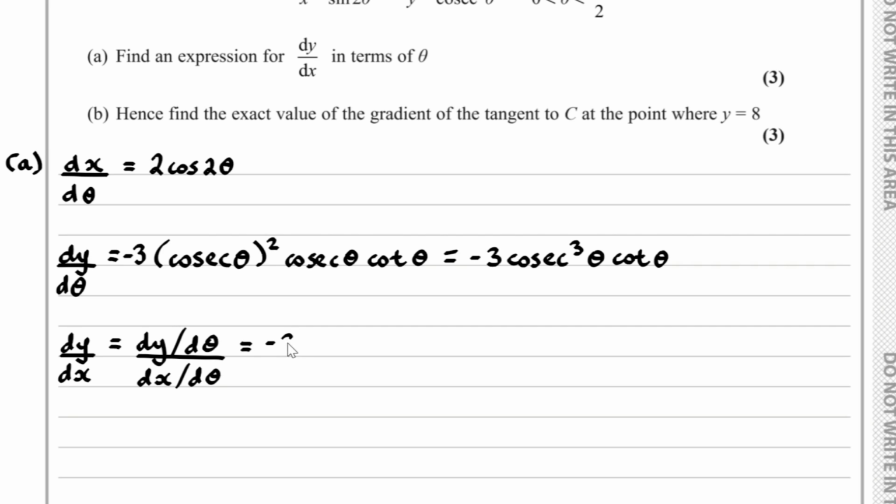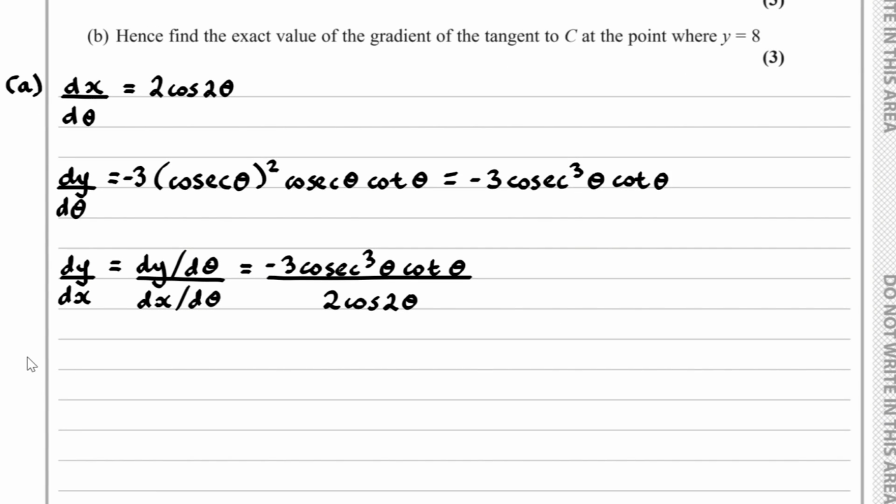So we've got minus 3 cosec cubed theta cot theta divided by 2 cos 2 theta. We can leave our answer like this, there's no need to simplify.